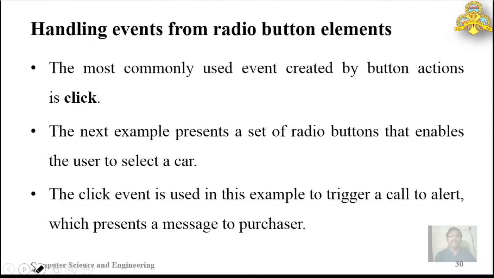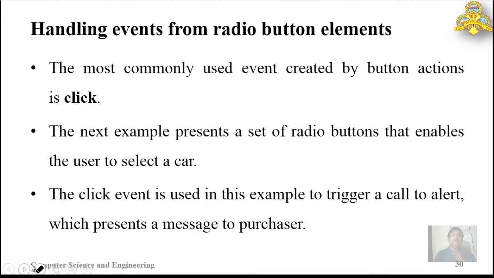Whenever a user wants to purchase a car, and this is very simple, when a user clicks on a radio button, it triggers a call to alert, which presents a message to the purchaser. I'll go to that later.